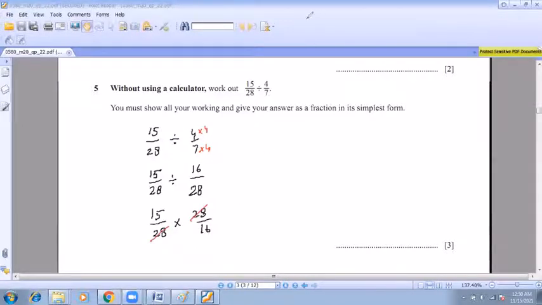So the last answer is 15 over 16. We can't divide with the same number. They are not divisible by the same number. So we can stop. This is our simplest form, 15 over 16. I hope it is clear. So we move on next.